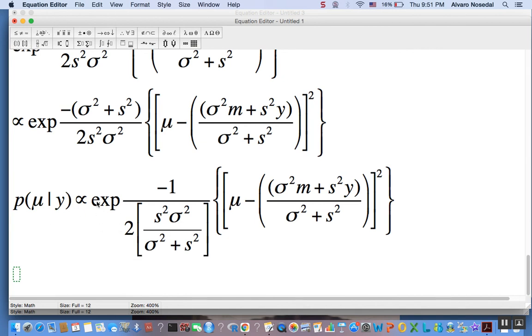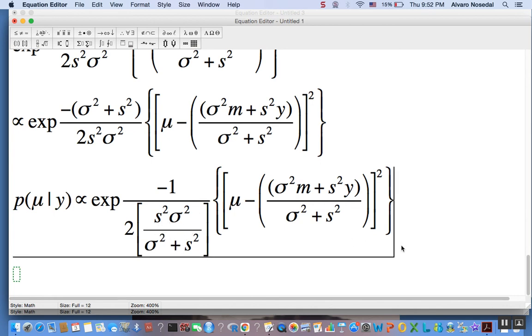From all the math that we have done, we have shown that when you consider a normal prior for mu, the posterior distribution is also normal, and the new mean m star is given by that expression, and the posterior variance is given by that expression.